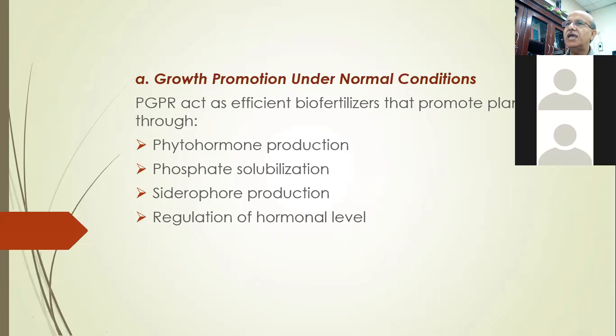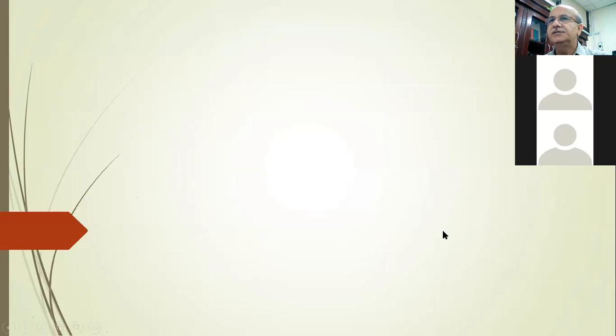We have to add chemical fertilizers, but we can reduce them by supplementing with biofertilizers. You can do this: instead of adding 3 bags of urea, you add 2 bags of urea and add some biofertilizer as well, right? So you can reduce the chemical fertilizer, but you cannot avoid the chemical fertilizers.